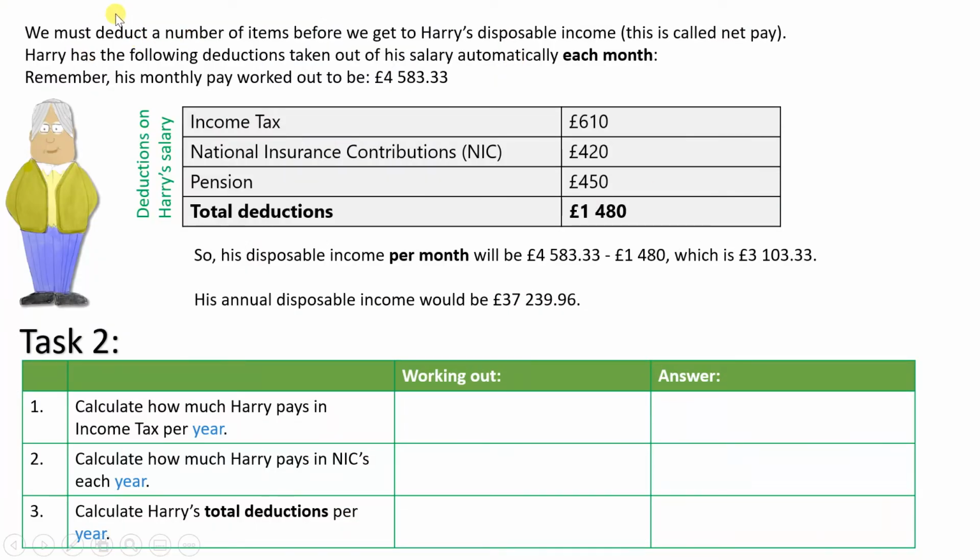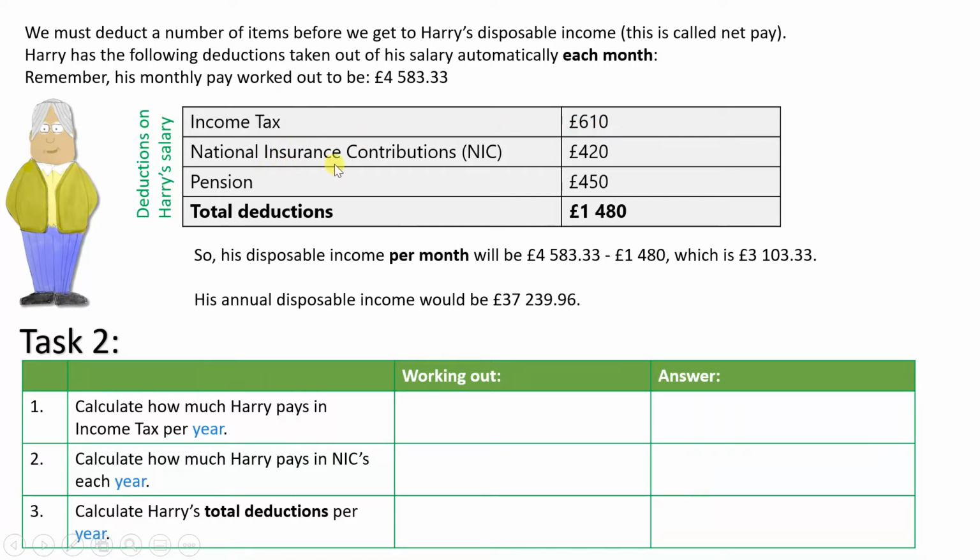We must deduct a number of items before we get to Harry's disposable income. This is called net pay. Harry has the following deductions taken out of his salary automatically each month. Remember, his monthly pay worked out to be £4,583.33. So in the deductions table on Harry's salary, Harry pays income tax of £610 per month.